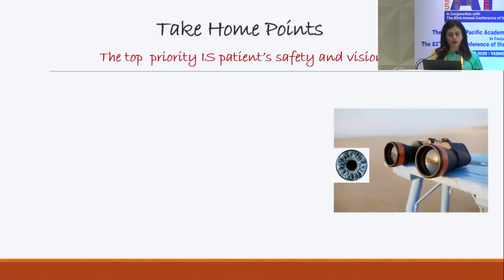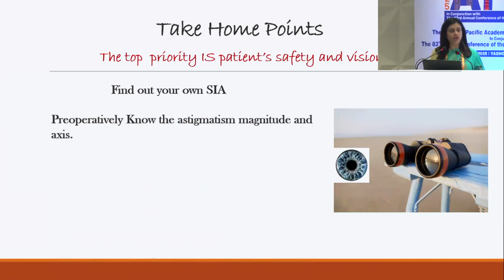A few important take-home points. The top priority always is patient safety. Once you are fine with any grade of nucleus management through a relatively small incision, then you start planning this. First, find out your own SIA. Second, preoperatively know the astigmatic magnitude.